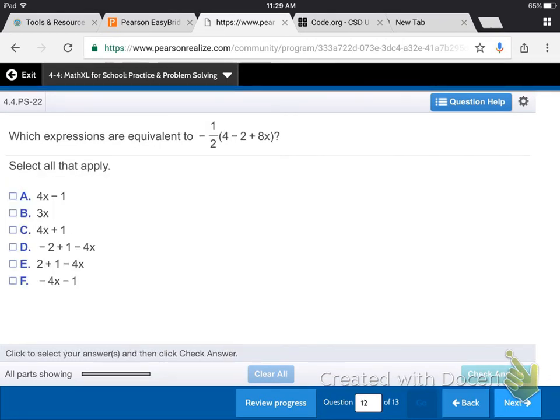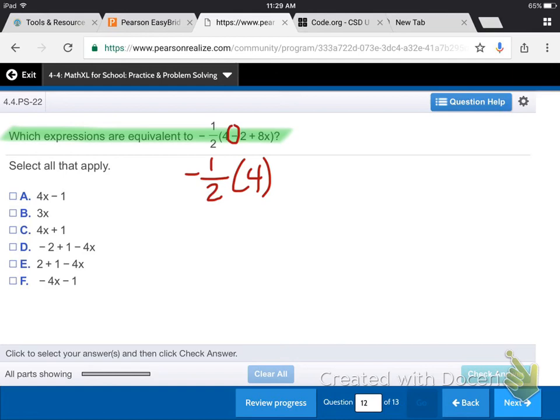Okay, which expressions are equivalent to negative 1/2 times 4 minus 2 plus 8x? All right, here we go. Let's set it up just like we know how to do it. Negative 1/2 times 4. That's the first part. Minus, see that minus sign right there? Let me try and circle it.